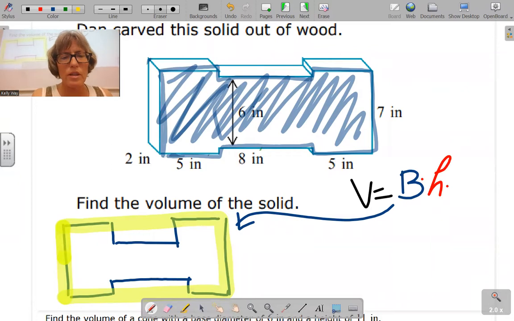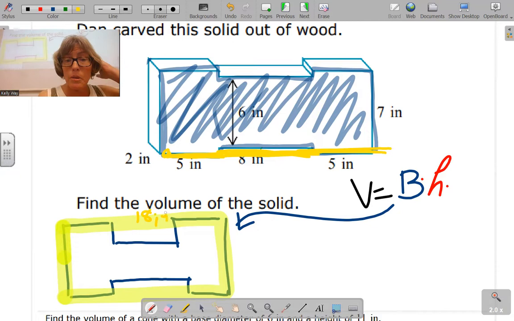So we're going to go like this, that edge to that edge. Watch very carefully. Here to here is 5. Here to here is 8. Here to here is 5. So my one edge there is 18 inches. I go like this, and that's 7. So I'm going to go 18 times 7.